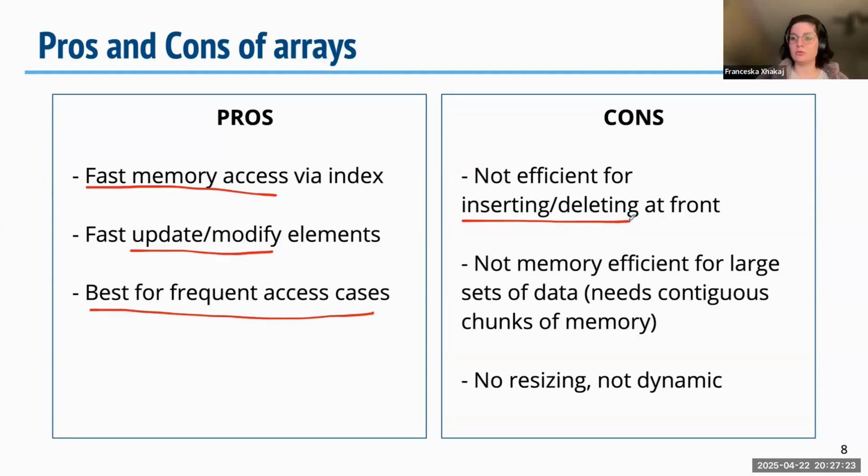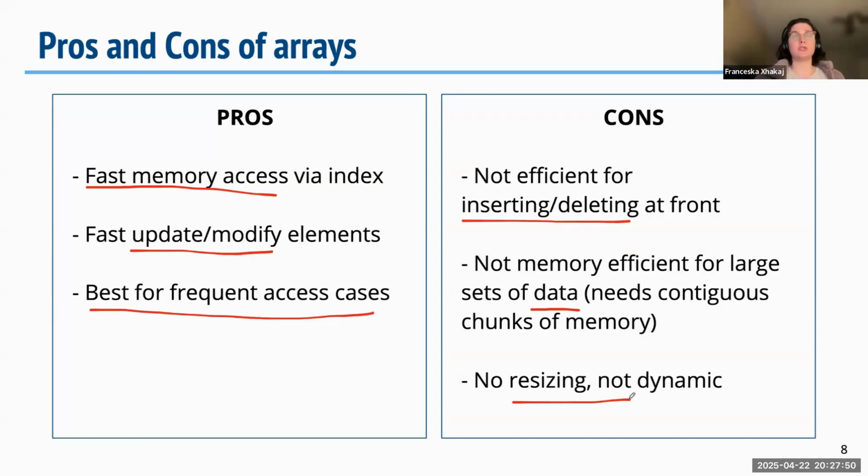So they are not really good when you're doing insertions or deletions at the front. They're also not very good when it comes to memory for large sets of data. If we're talking a million, a billion, a trillion, you need contiguous chunks of memory, and that's a lot of memory. And they don't resize. They're not dynamic. We're going to talk about dynamic arrays in the next lecture. So these are the overall pros and cons of arrays.